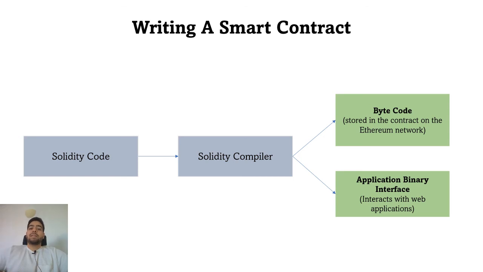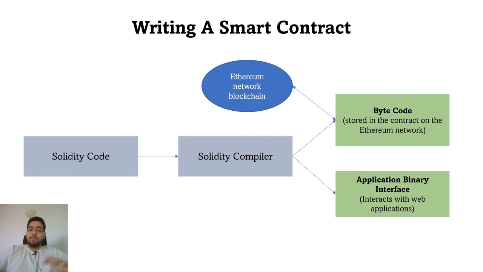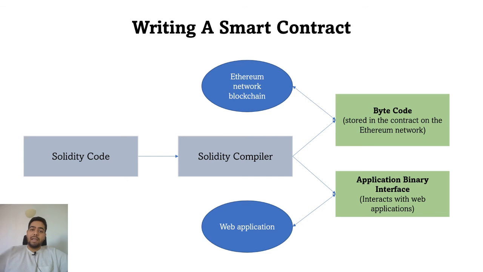So if you write a web application and if you want to interact with the Ethereum network, then you can write your code in JavaScript, and then you can talk to this code that is on the Ethereum blockchain through this ABI or application binary interface. So the bytecode is deployed on the Ethereum blockchain, and the ABI is used to interact with web applications.